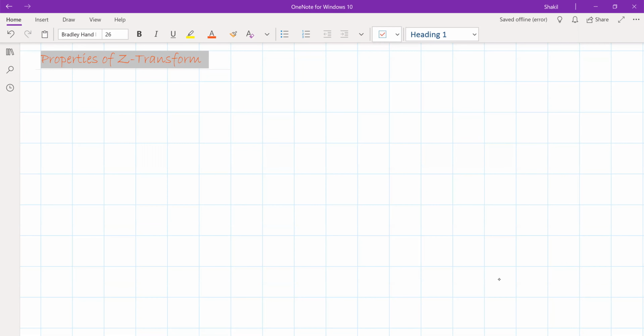Welcome. In this session, we'll continue with the discussion on Z transform and let's learn a few properties of this Z transform. Now, the first property is termed as the linearity property.